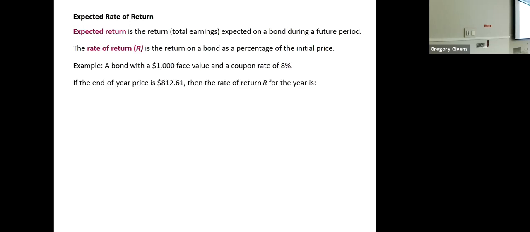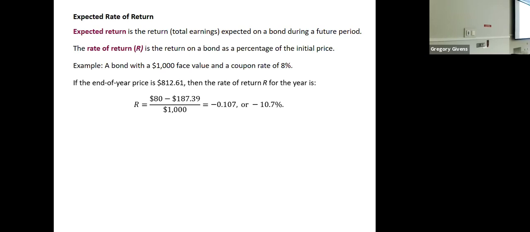What if instead the bad situation happens, right? And the end of year price on this bond is $812.61. What is the holding period rate of return in this case? Again, it has two sources, right? It's the $80 coupon payment, right? But now we've experienced a capital loss, not a capital gain.